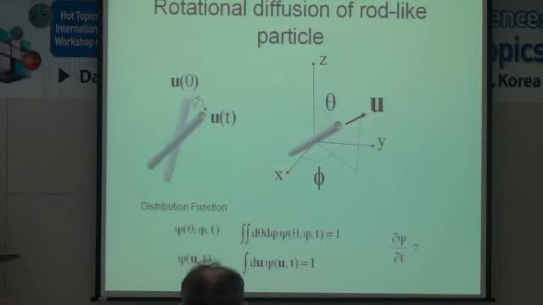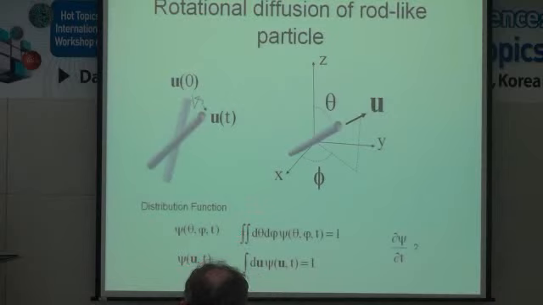So the distribution function can be described by, I think I'm using the same symbol, psi(theta, phi, t). They are normalized in this way. And also you can define this distribution function psi(u, t) which is normalized in that way.